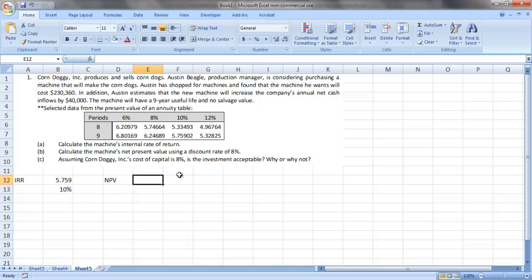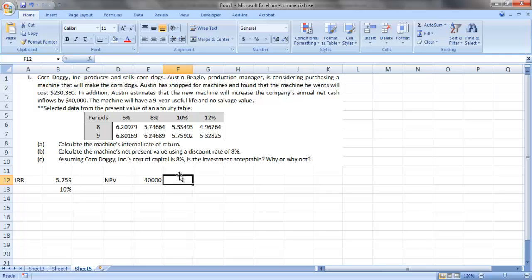To calculate net present value, we have to take on a couple more steps. So the first thing we want to do is determine the present value of the future cash inflows. So remember, Austin expected this project to generate $40,000 in net cash inflows per year for 9 years.